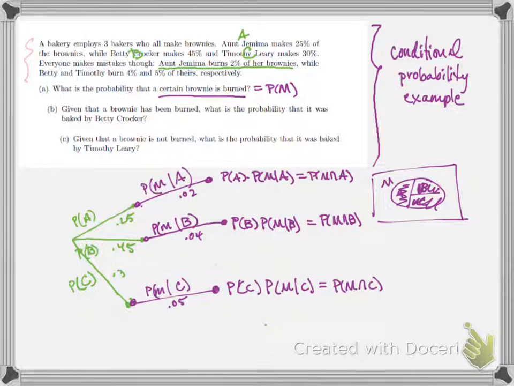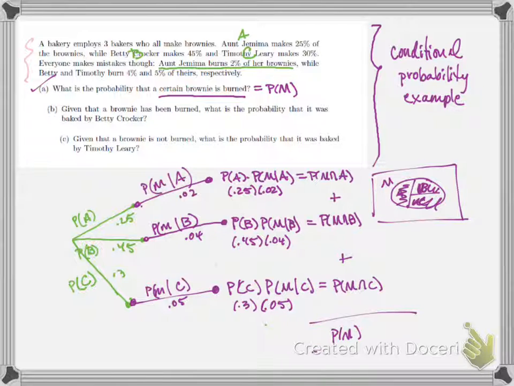So if I find all of those, and those are just some calculations, so 0.25 times 0.02, this is 0.45 times 0.04, and this is 0.3 times 0.05. So if I calculate all of those and add them up, I will get the probability of M, which will give us part A.